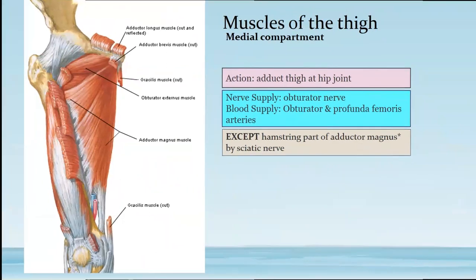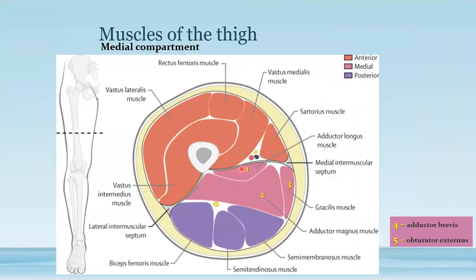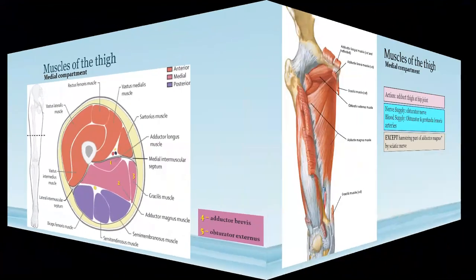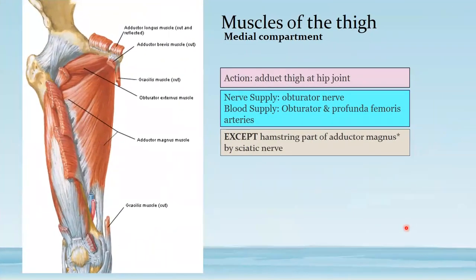So we have five muscles of the medial compartment: adductor longus, adductor magnus, adductor brevis, gracilis, and obturator externus.